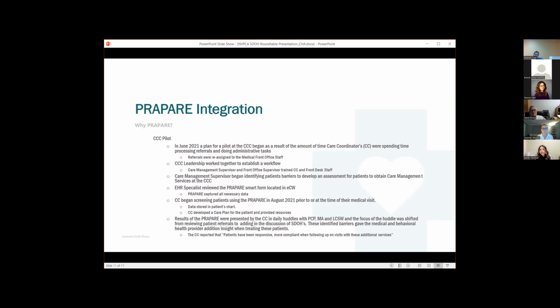So the referrals were then reassigned to the medical front office staff. The main people working on that was the CCC leadership team. So myself as the care management supervisor, our medical front office supervisor, our health center manager, our medical director, and director of behavioral health services all worked together to really establish a workflow that was going to work best for the patients.